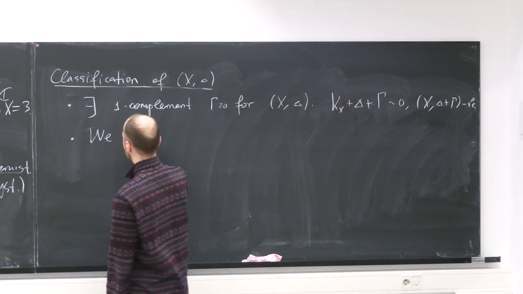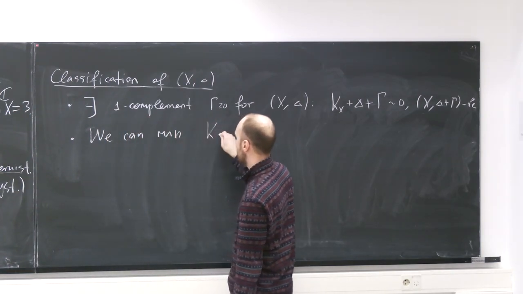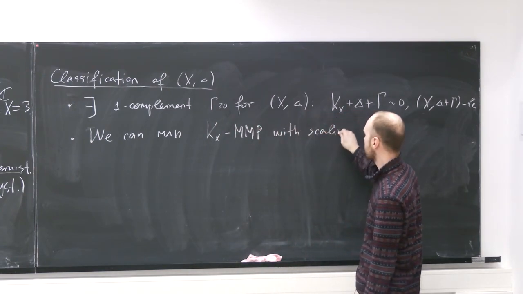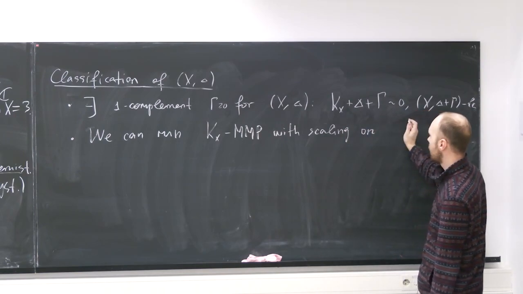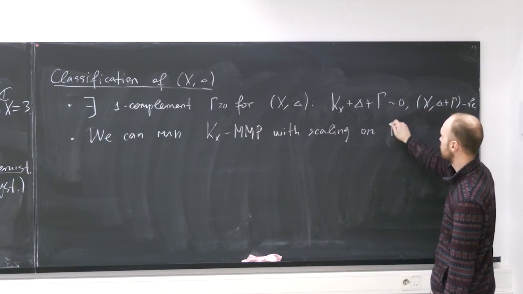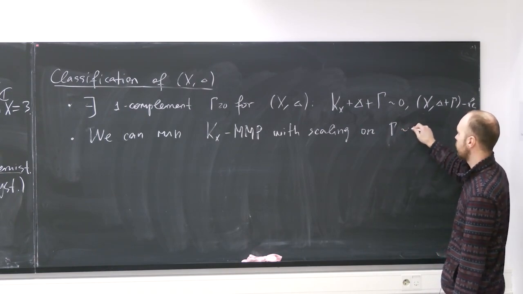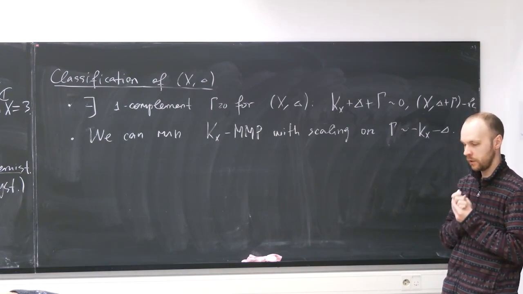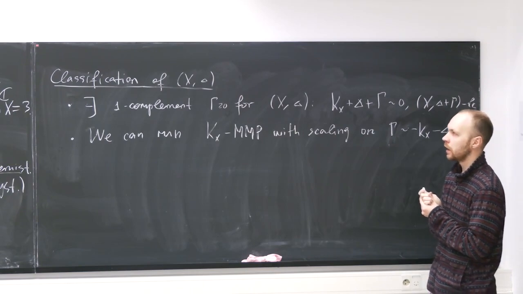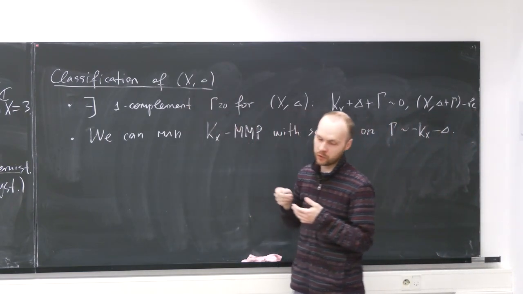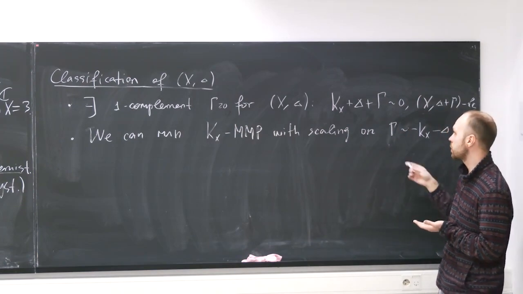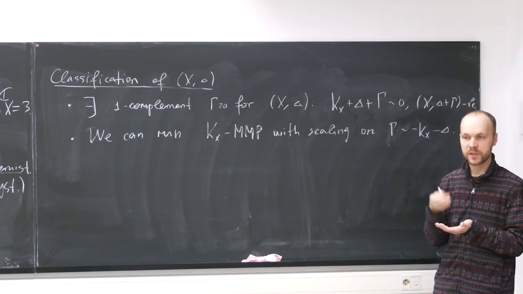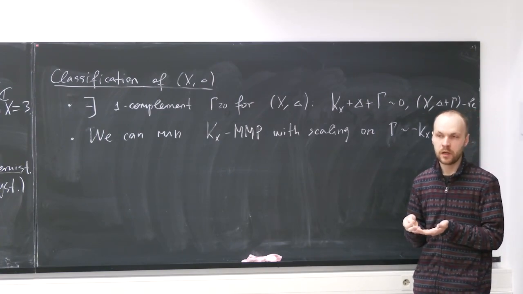Then the second observation is that we can run a K_X-minimal model program with scaling on Γ, which is equivalent to −K_X − Δ. The crucial observation here is that such pairs admit a canonical polarization. Namely, by definition, the divisor −K_X − Δ is ample. So we can run the minimal model program with scaling on this divisor.